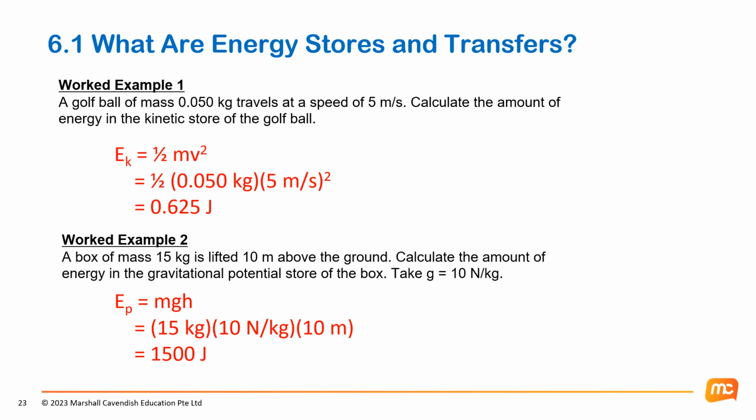Substitute the values given by the question: 15 kilograms, 10 newtons per kilogram, 10 meters, and we're going to get 1,500 joules. These two examples are nice and straightforward, because we are simply substituting values into the correct formula. So you must remember the formulas, substitute the values, and that would give you a very straightforward way of getting the answer.